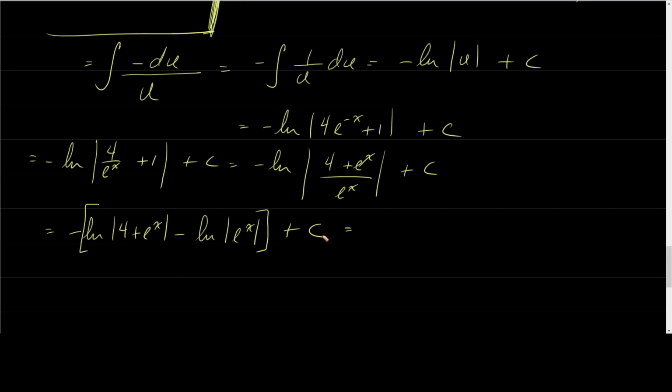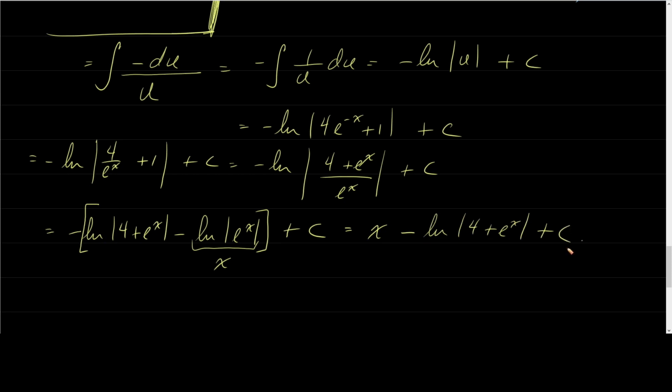If I distribute the negatives and simplify, notice that ln of e to the x is just x. And negative times a negative is a positive, negative times a positive is a negative, so x minus ln of the absolute value of 4 plus e to the x plus c.